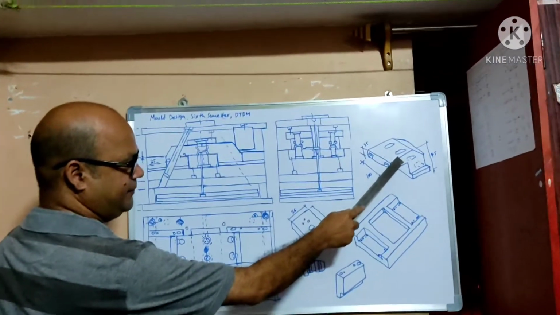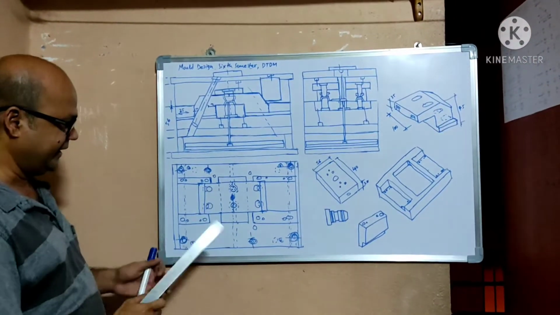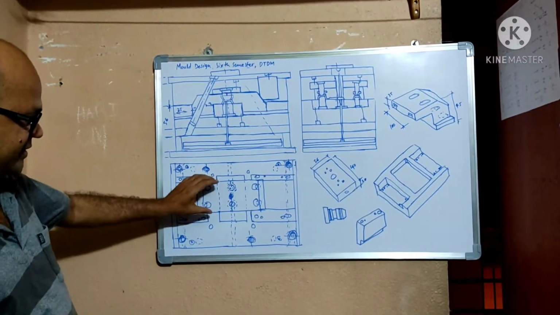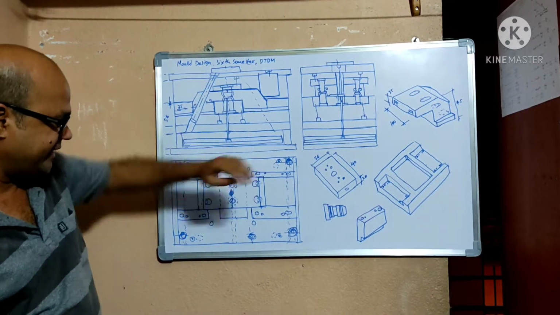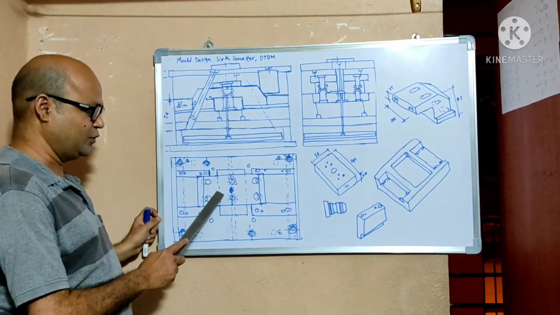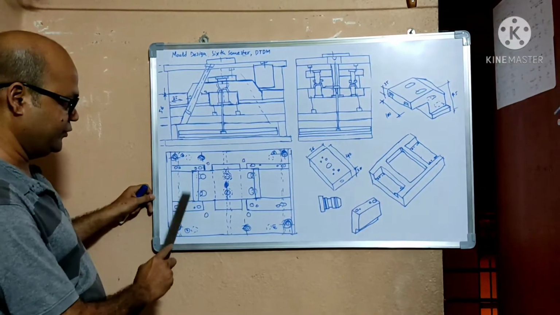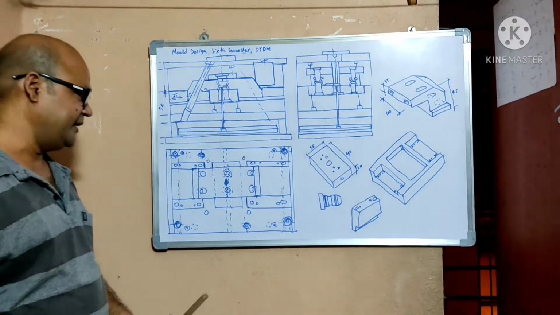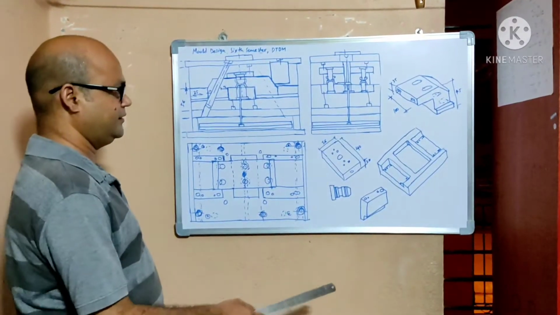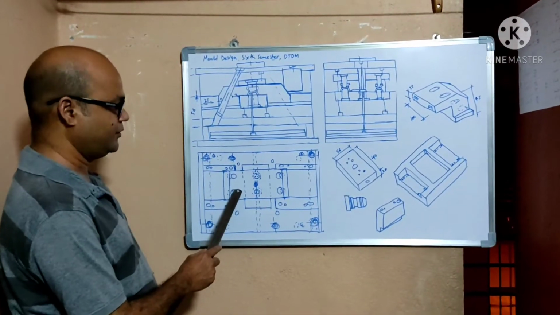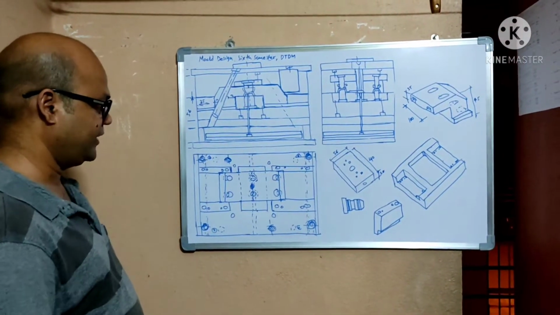This one I have placed here as 1. Again I am making the reverse of the side core and placing it here, which means 2 side cores and 4 guides are used.